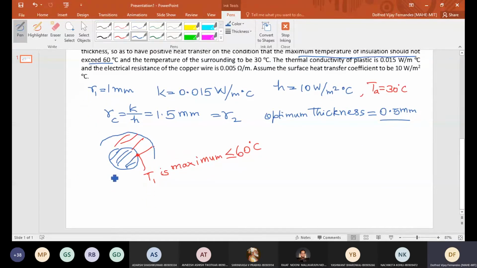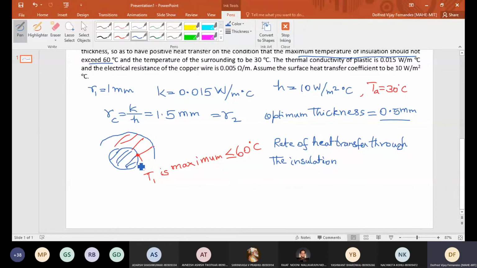So the rate of heat transfer through the insulation. How can we write it here?